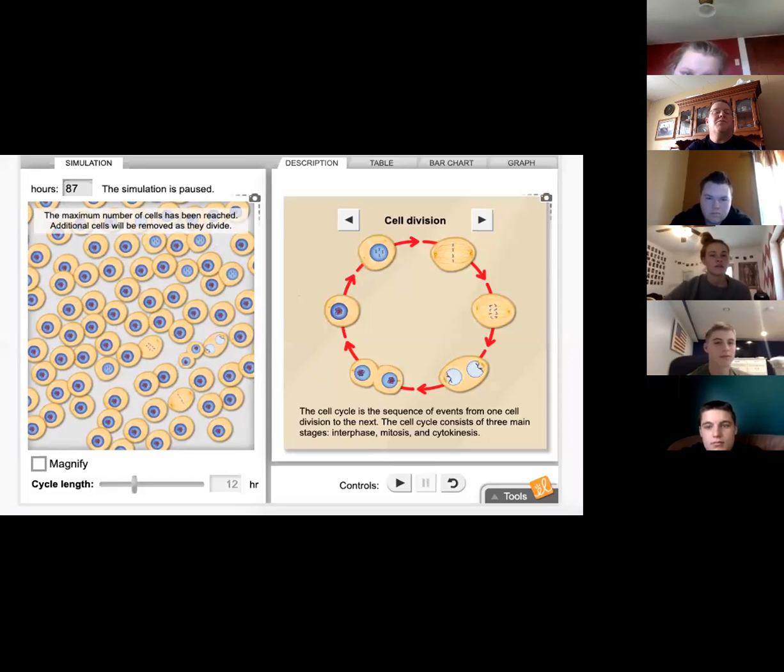Okay, maximum number of cells has been reached. Additional cells will be removed as they divide.